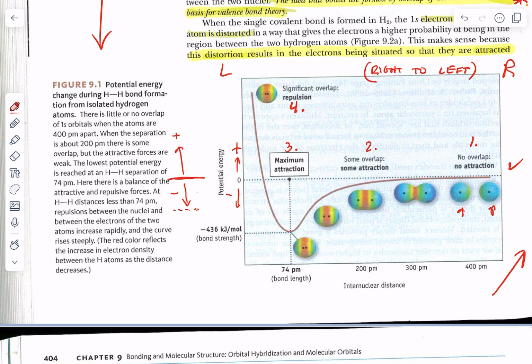But as we begin to move them a little closer and closer together, and now we're looking at right here, in other words, as these two circular or spherical balloons begin to be pushed against each other, we find that the electrons of hydrogen number 2 are attracted to the nucleus of hydrogen atom number 1, and the electrons around hydrogen atom number 1 are attracted to the nucleus in hydrogen atom number 2, and we're beginning to create a single covalent bond of overlap.